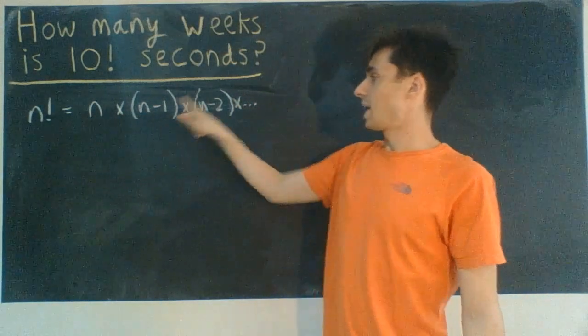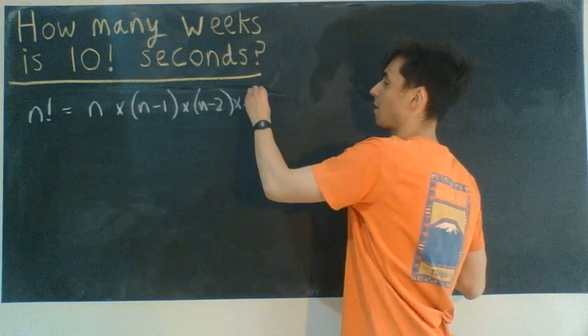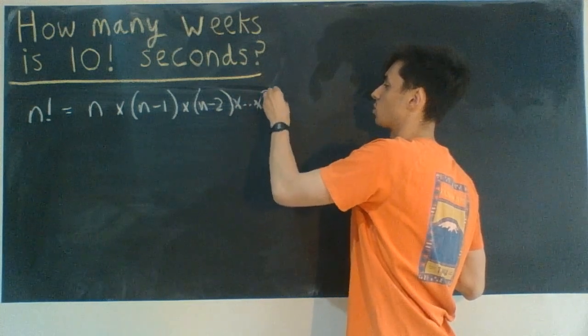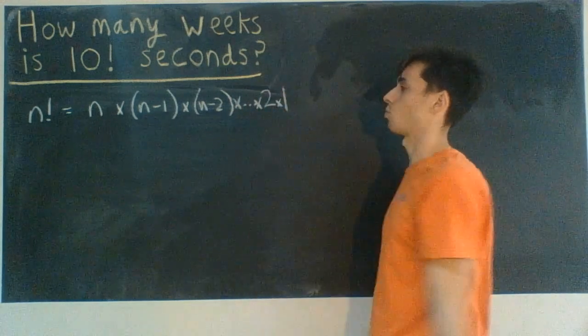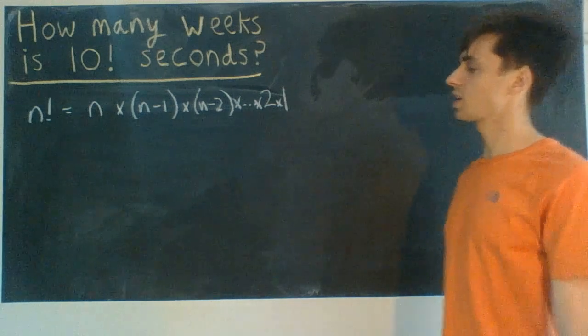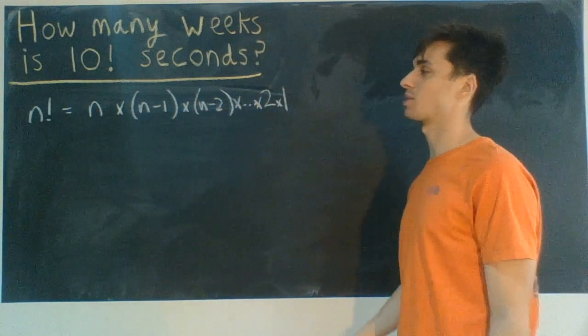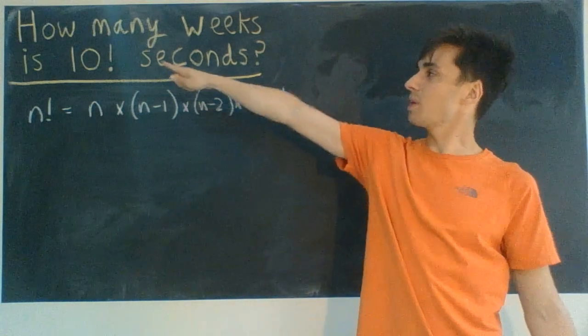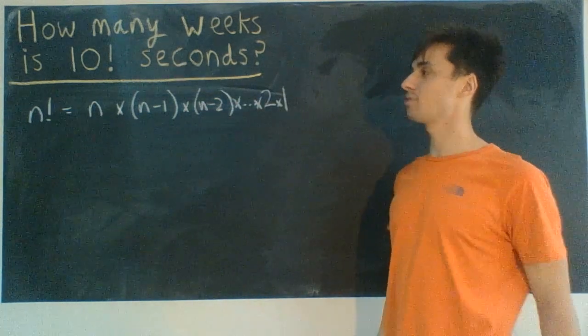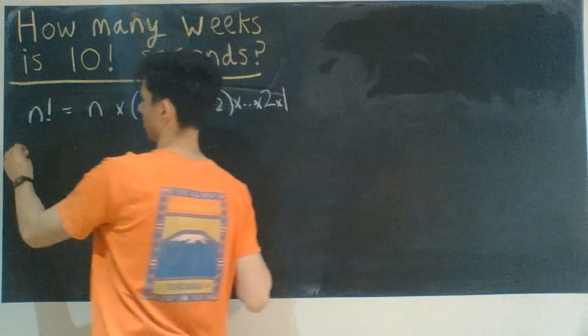We take n minus 1, n minus 2, and we carry on going down to 2 and all the way down to 1. We take all the numbers that are less than n or equal to n and times them together. So if we then think about 10 factorial, it looks like this.